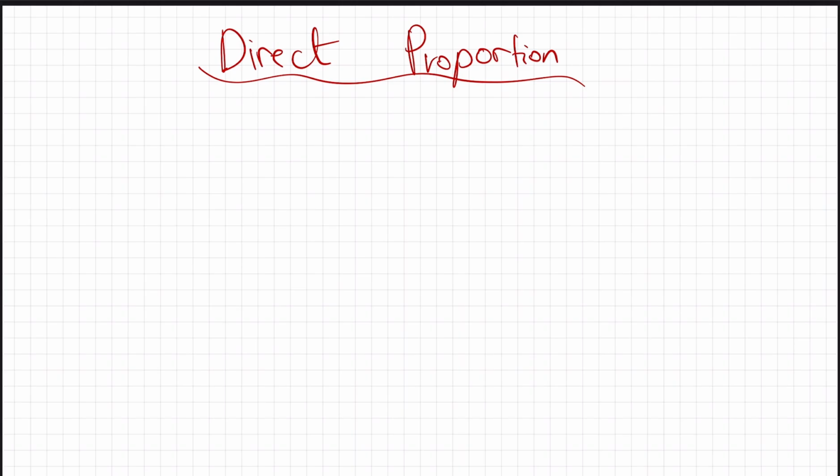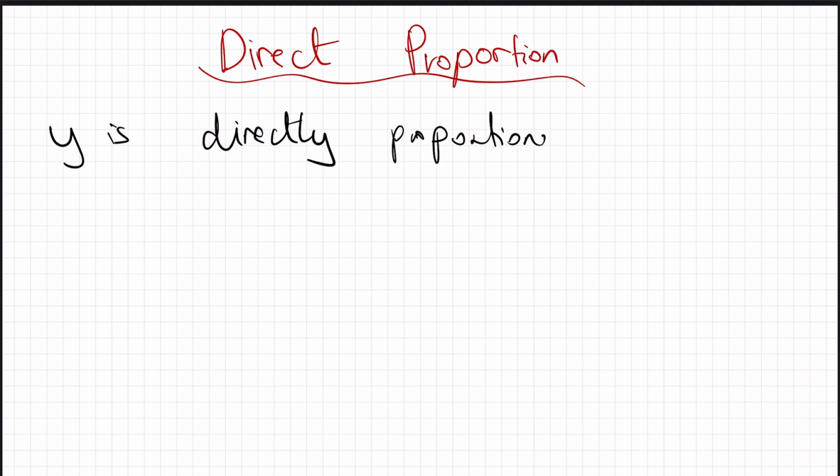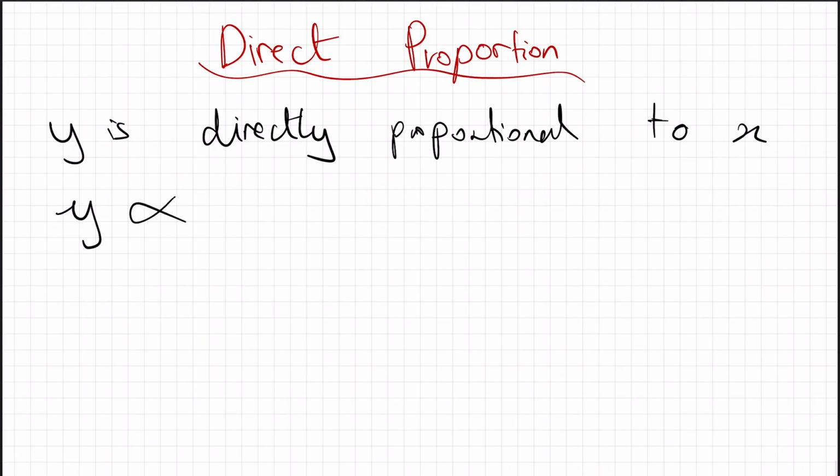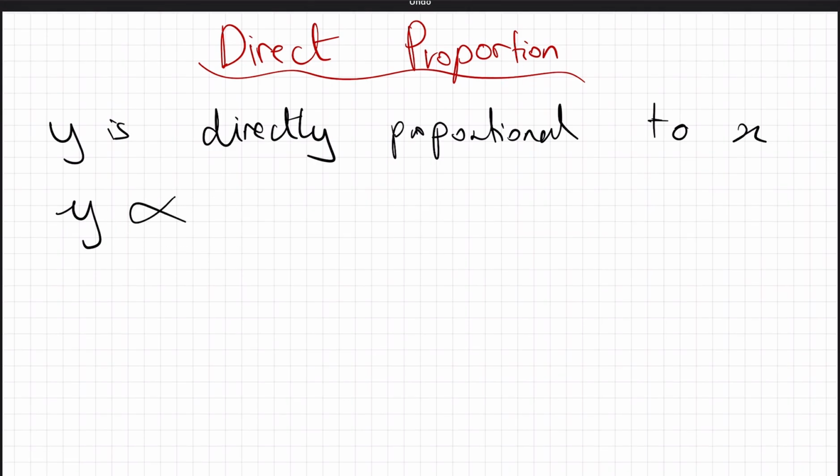So, direct proportionality is basically referring to two variables which are related to each other. So you could have two variables, y and x. If we say y is directly proportional to x, this means y is proportional to x, with the proportional sign.